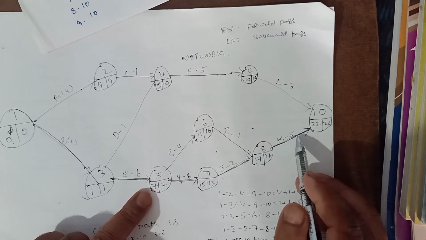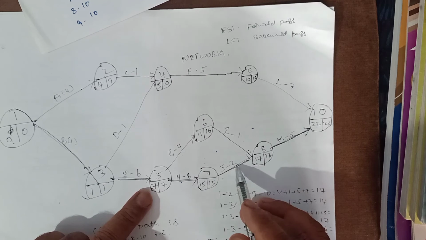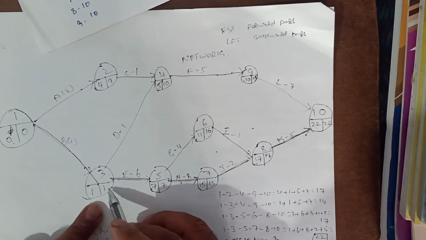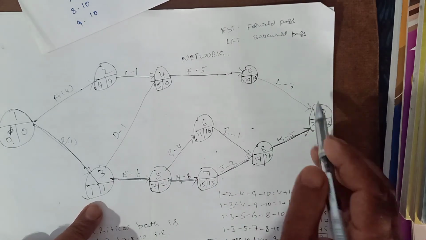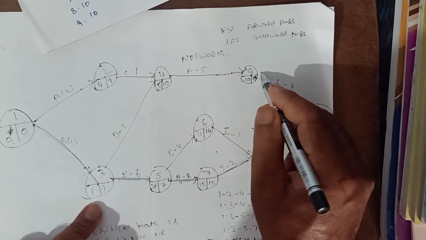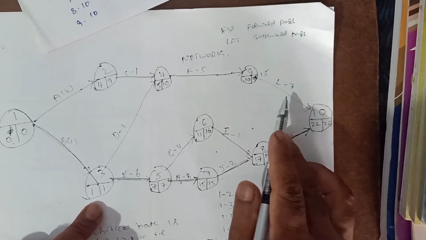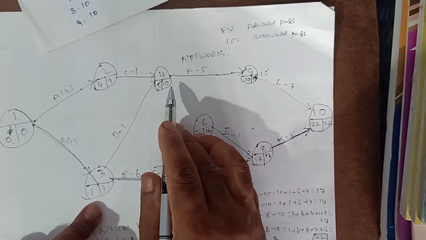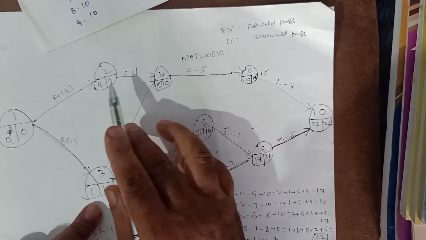If you come back, 22 minus 5 is 17, 17 minus 2 is 15, 15 minus 8 is 7, 7 minus 6 is 1. Similarly, 22 minus 7 is equal to 15 here, and 15 minus 5 is equal to 10. 10 minus 1 is equal to 9.